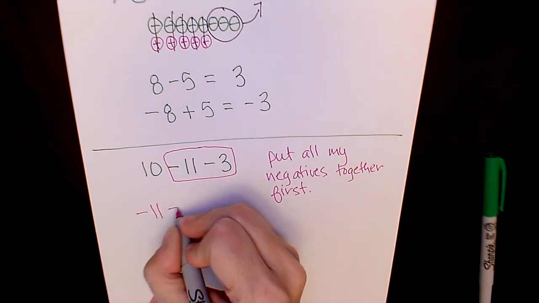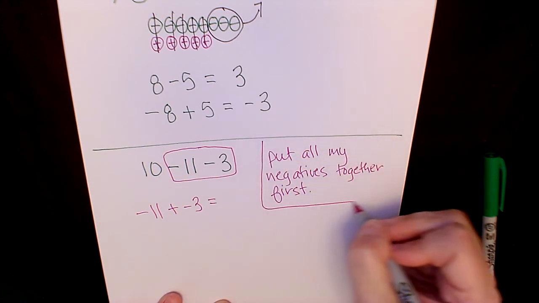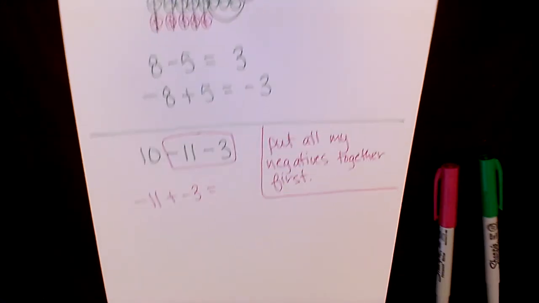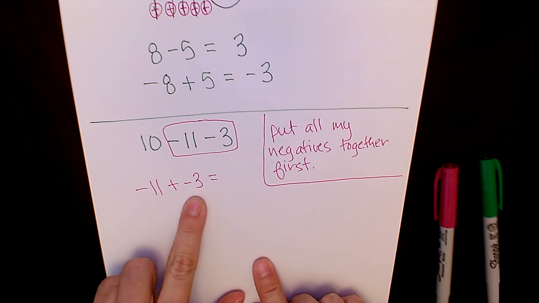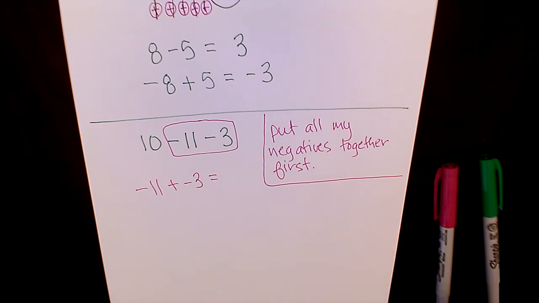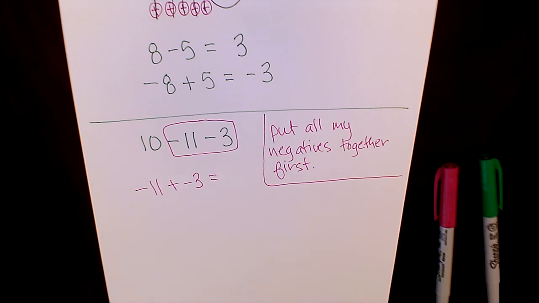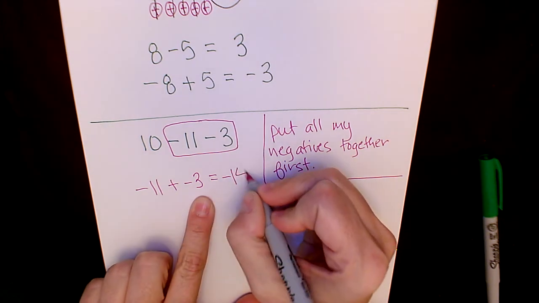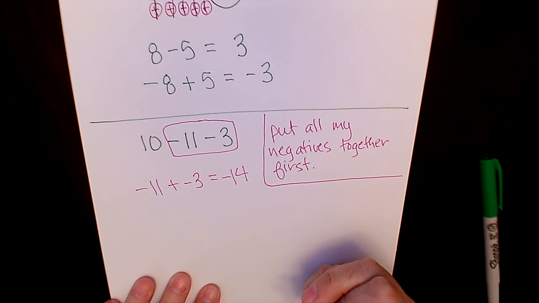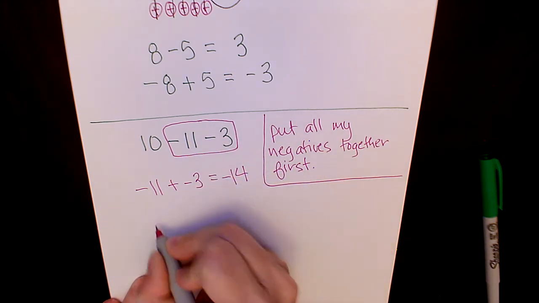So that's negative 11 and negative 3. I'm just adding. Remember when I have a negative and a negative? I'm just going to add them together. If you want to put the plus in there, you can. If you don't want to, you don't have to. So what's negative 11 and negative 3? It's negative 14. So this whole thing here becomes negative 14.